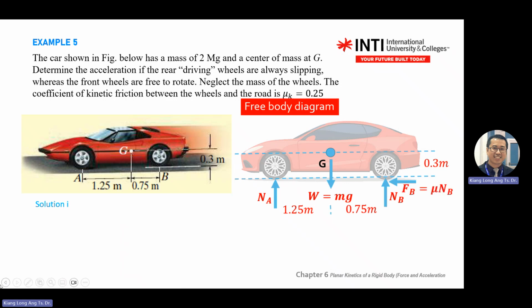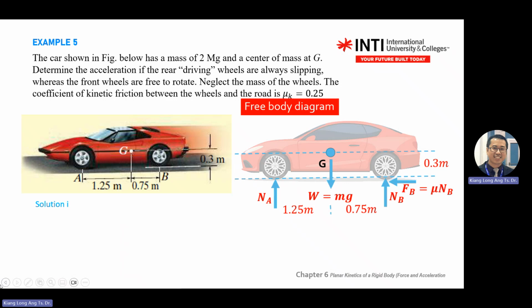So there's a friction at the back. Friction is pointing to the left, because it's always slipping.